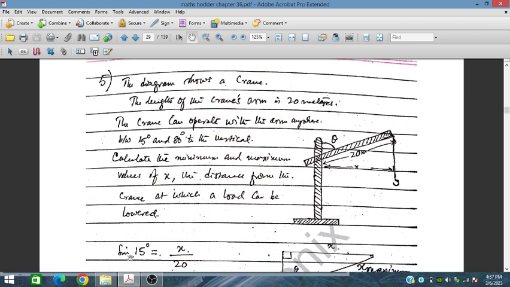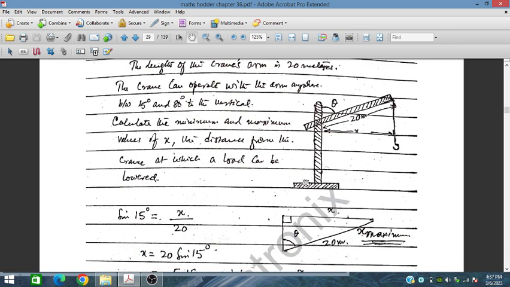So at sine 15 degrees, this is the angle. This is x, which is parallel to this line, and this is the 20 meter arm.